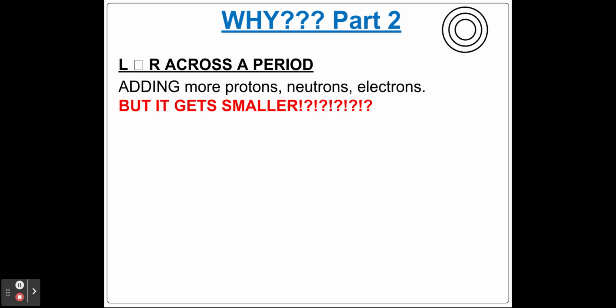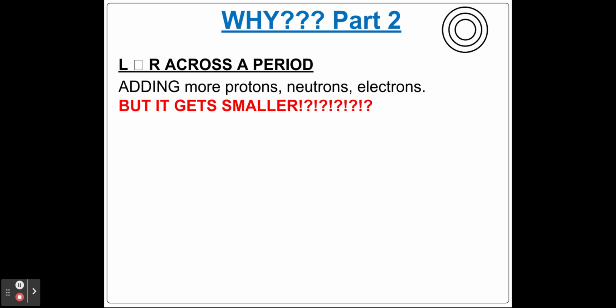And what happens when you add another proton, another positive charge to the nucleus? Well, that nucleus is going to have a greater positive charge. And so those electrons are going to feel the pull more strongly because there's more protons doing the pulling. And so those electrons are going to be pulled in closer.